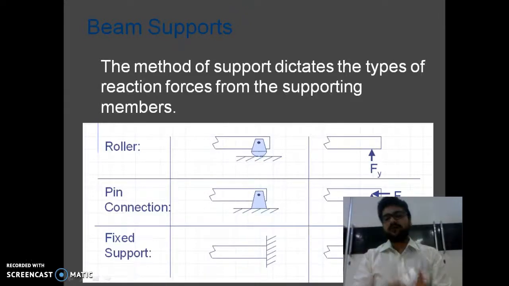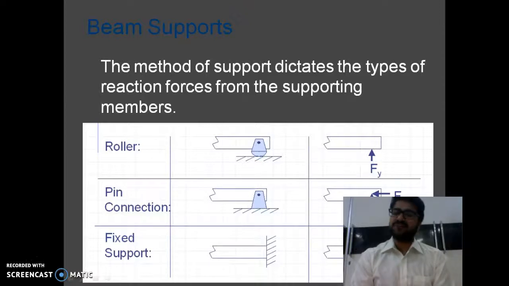So this is how roller support works. It can generate reaction only in the vertical direction. If you give a load in the horizontal direction or any rotation is produced, it will not be able to resist it. So the roller support gives reaction only in one direction, that is, vertical reaction.